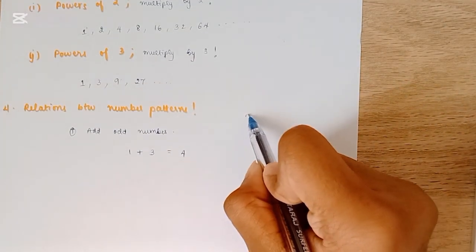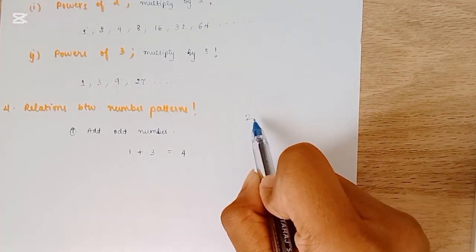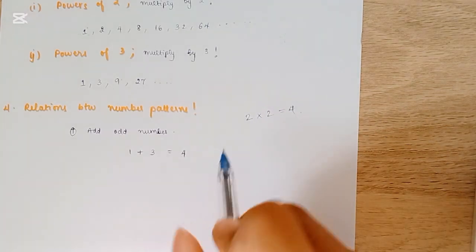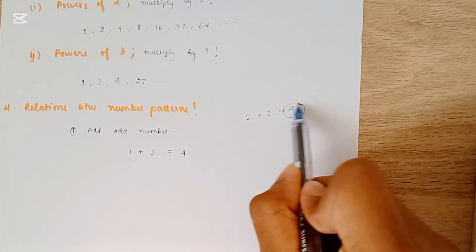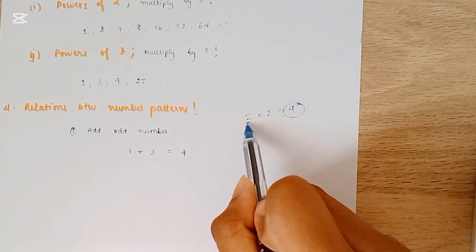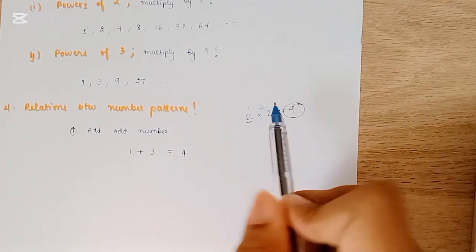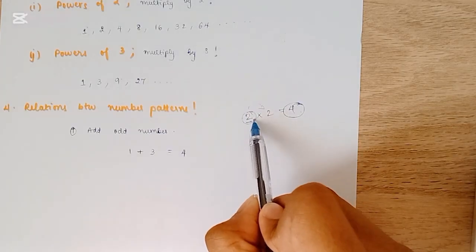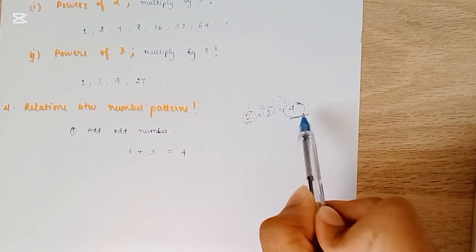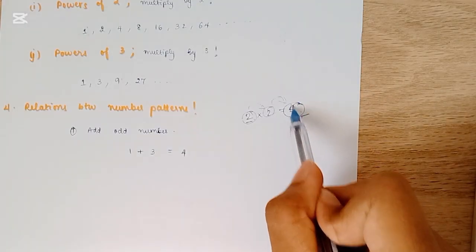So before going to this, you need to know what a square is. 2 into 2 is 4, right? When you multiply one number with itself, you get a new number.